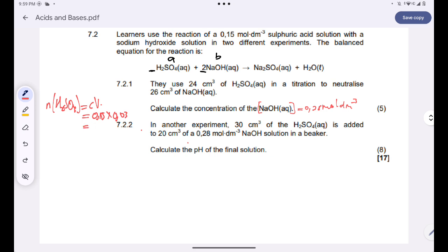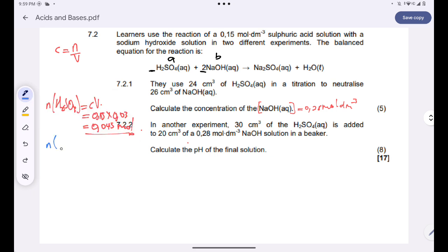Please, guys, whenever you use this formula, you must always convert your volume into cubic decimeters. 0.15 multiplied by 0.03, I'll simply get 0.0045 moles. These are the number of moles of my acid.